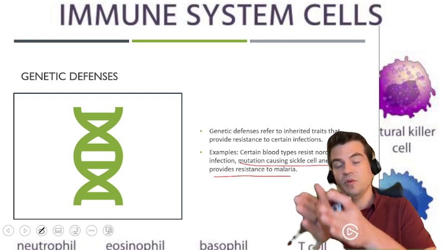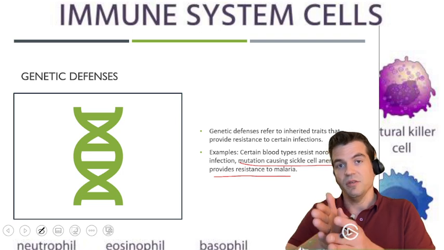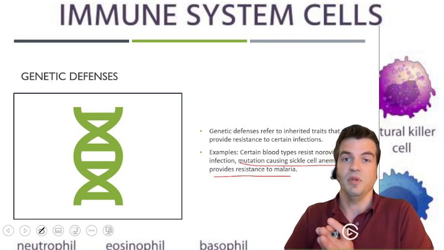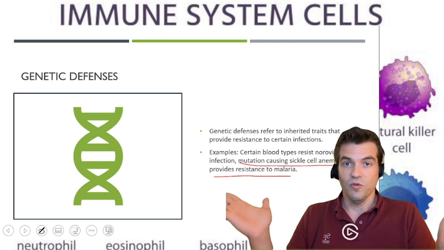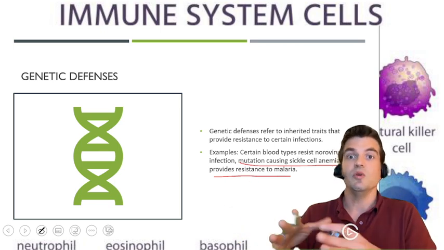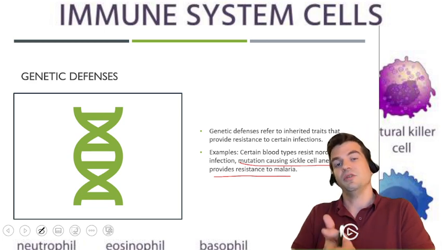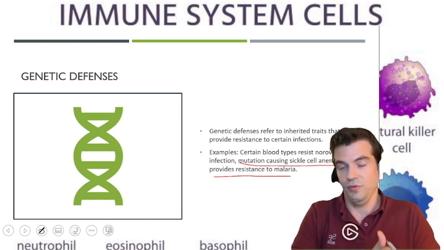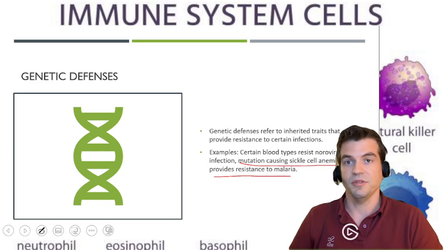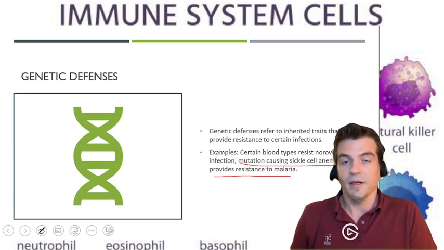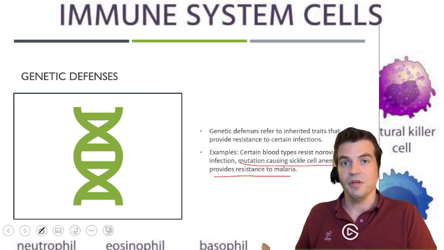However, if you have 1 copy of sickle cell and 1 normal copy of blood, then you are theoretically immune to malaria. Okay, and you will be sufficiently able to survive long enough to reproduce. And this is why sickle cell is prolific in places with high malaria outbreaks.